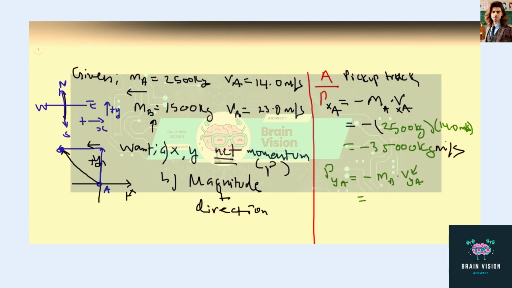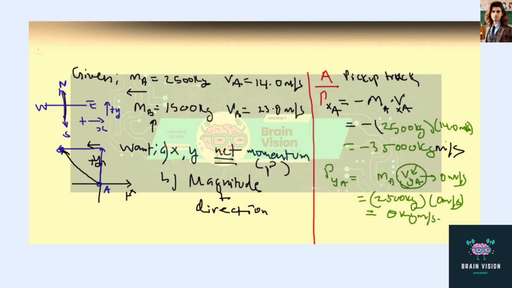But this time we don't have a sign, because the velocity in the y happens to be 0 meters per second. So if we plug in the numbers, we get 2,500 kilograms times 0 meters per second. And so the momentum in the y direction for the pickup truck is 0 kilogram meters per second.